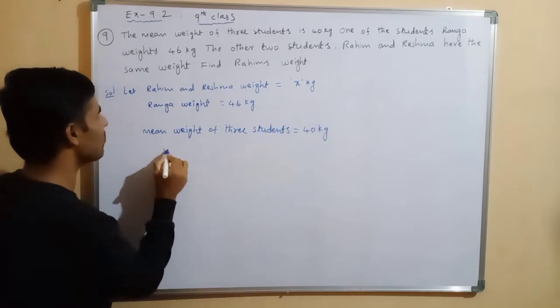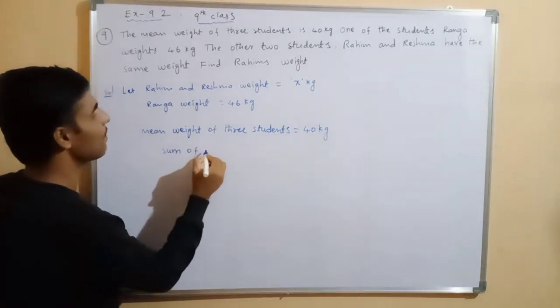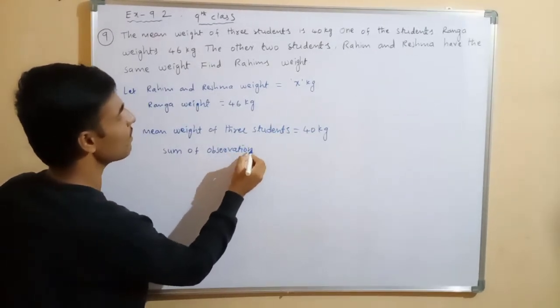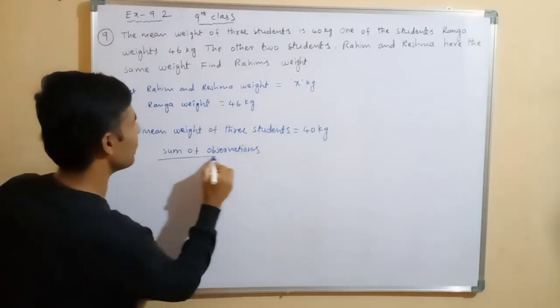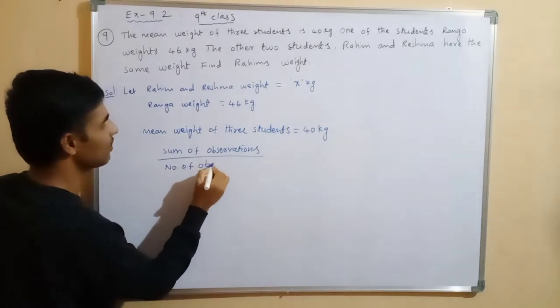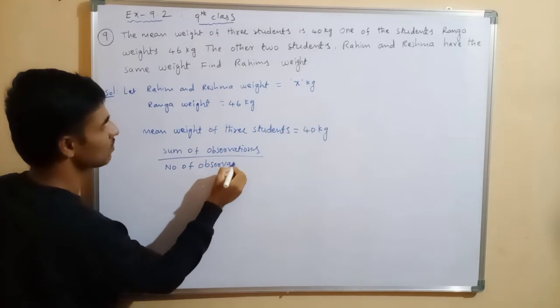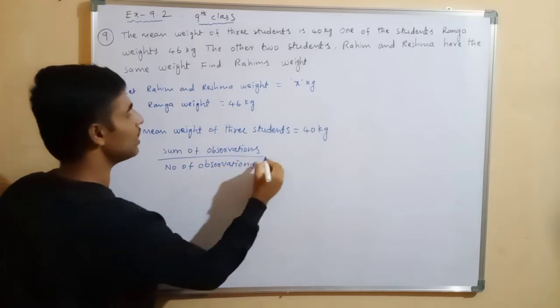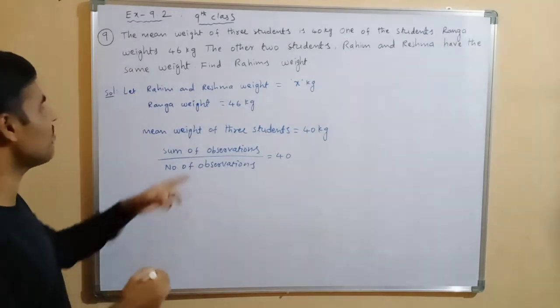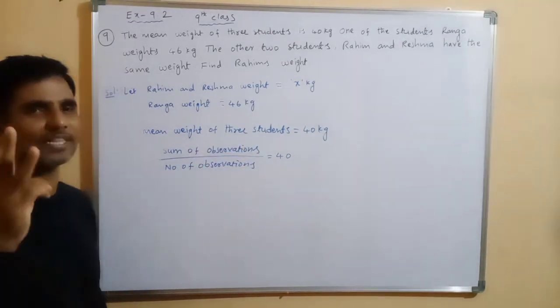Sum of observations divided by number of observations equals 40. Sum of observations means, how many members are there? 3 members.